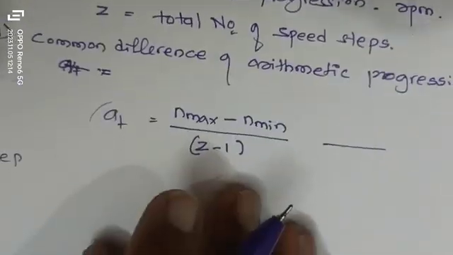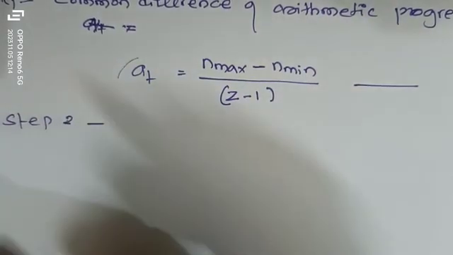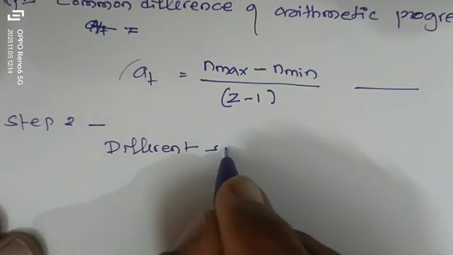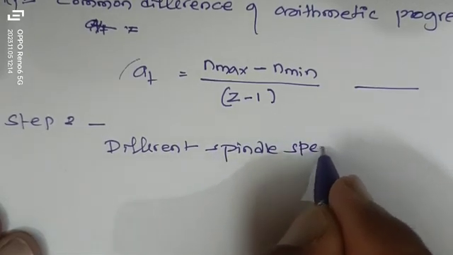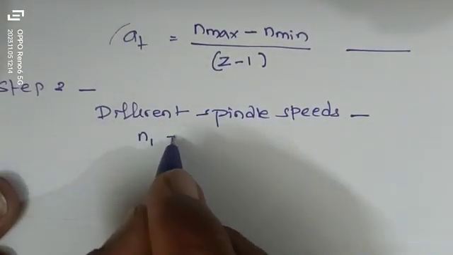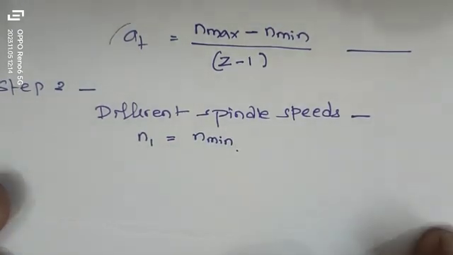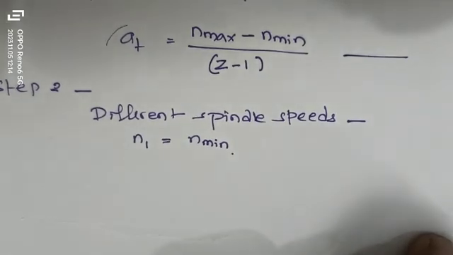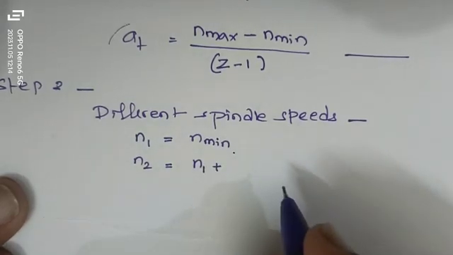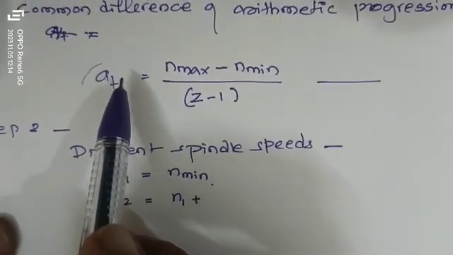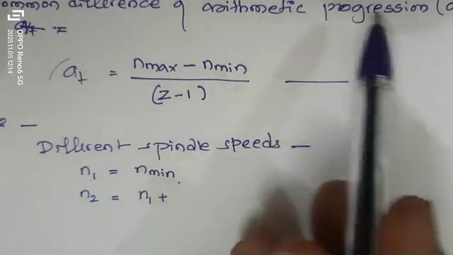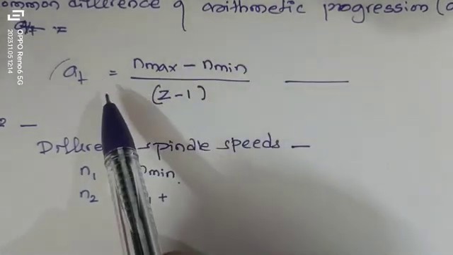Step 2: the different spindle speeds. N1 equals N minimum. N2 is N1 plus the common difference of the arithmetic progression, so the progression is by AT.